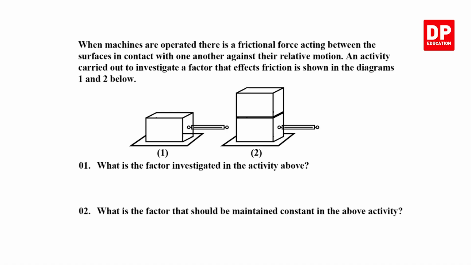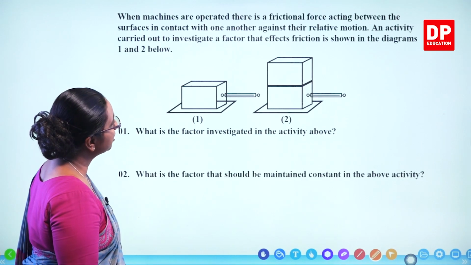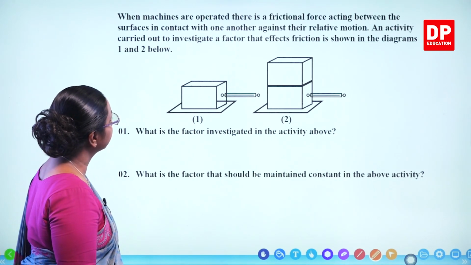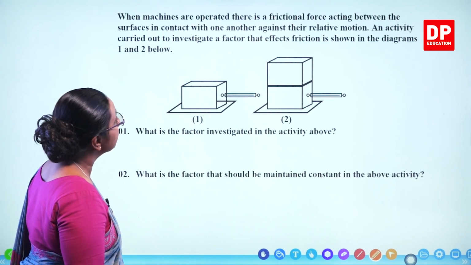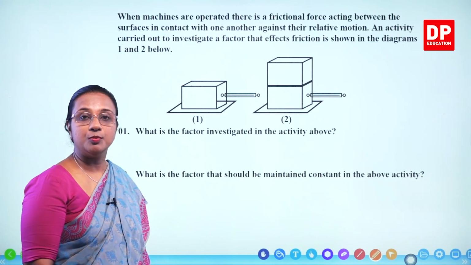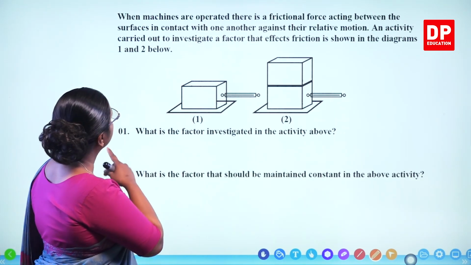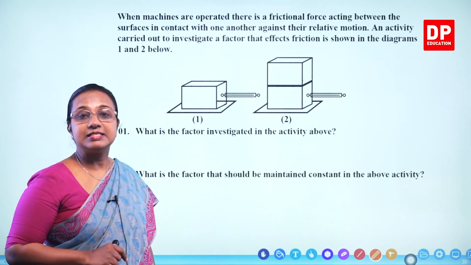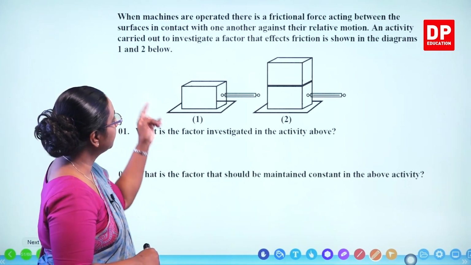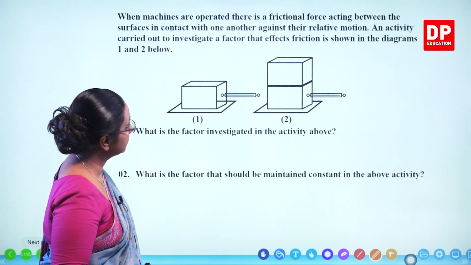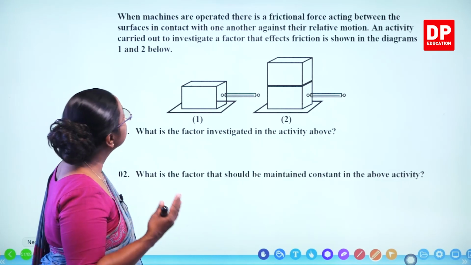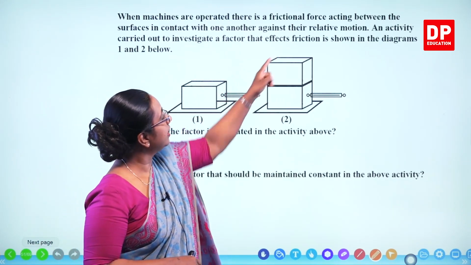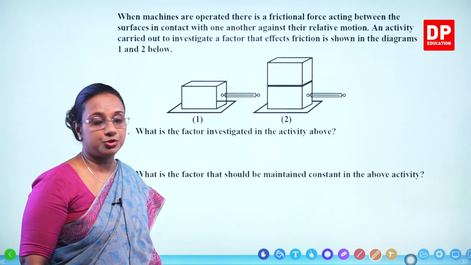When machines are operated, there is a frictional force acting between the surfaces in contact with one another against their relative motion. So, here they have explained an instance of friction, and you know what that instance is. It is the dynamic frictional force, because they are in relative motion.